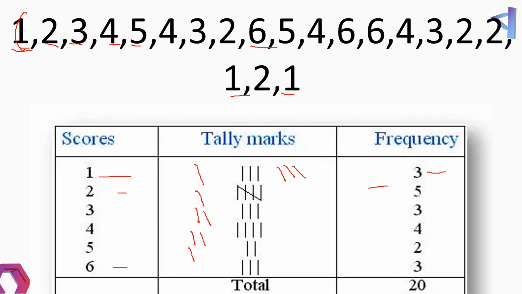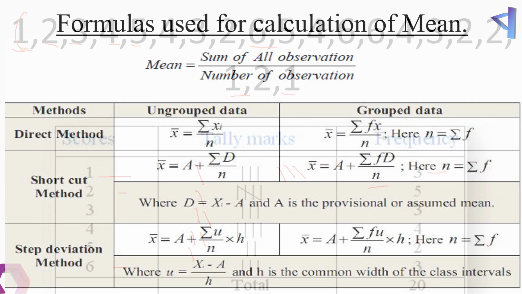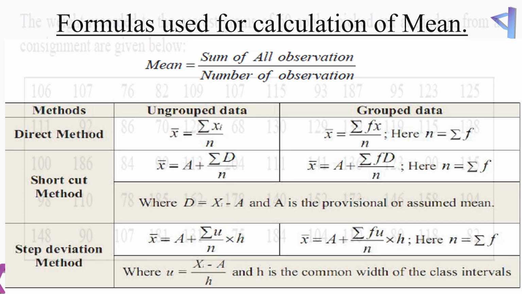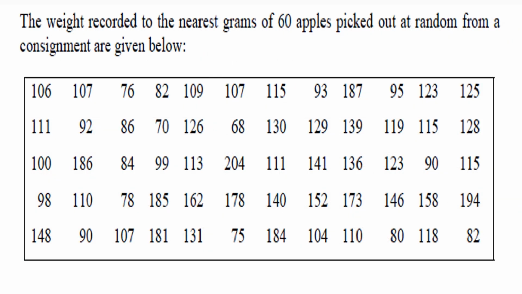Now let's understand how we find the mean of these types of data by taking some examples. These are the formulas used to calculate the mean. We'll see in the example how and where these formulas are used. Let's check. This is general raw data collected from the ground.